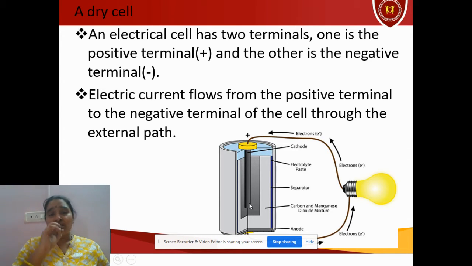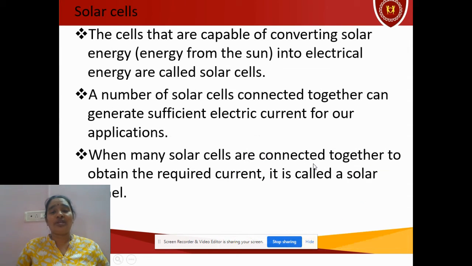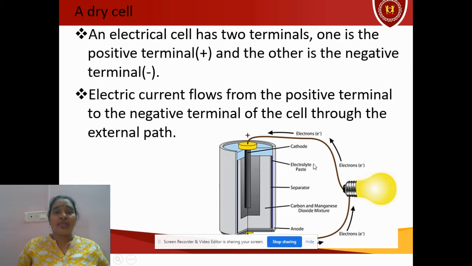Electric current flows from the positive terminal to the negative terminal of the electric cell through an external path. Here in this image, it has been clearly shown how the electric current passes. In between, a rod is kept inside the dry cell. That rod is made of carbon. Next, we have the electrolyte paste.